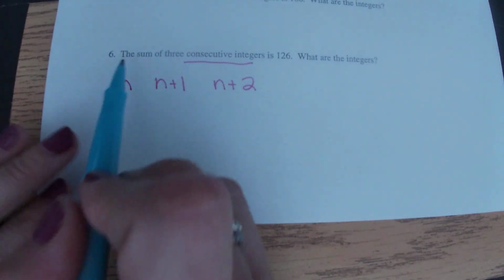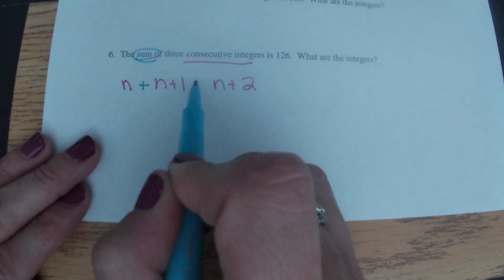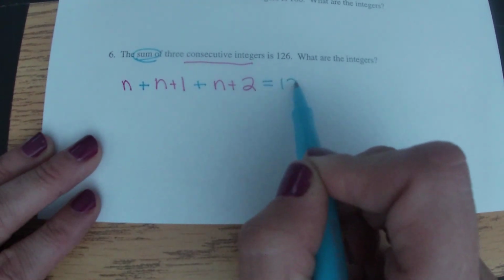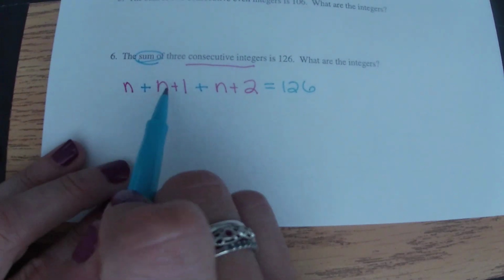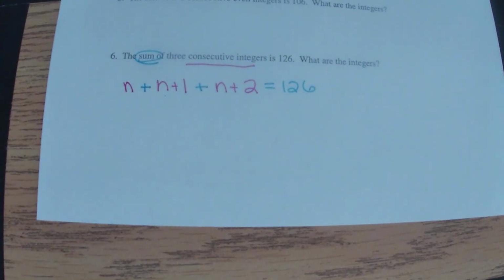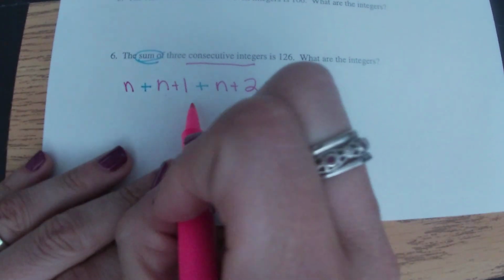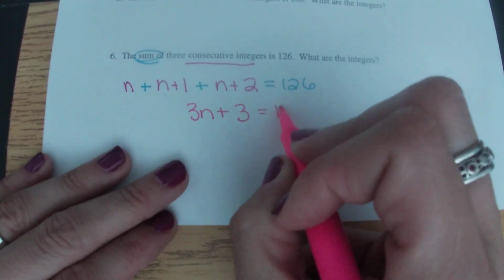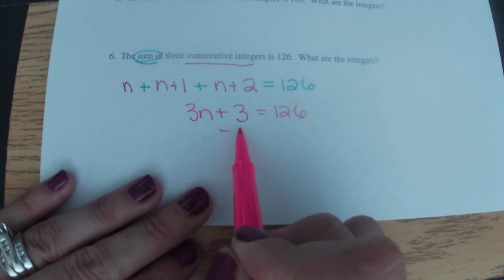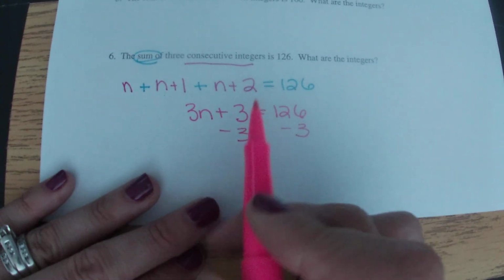It says the sum of them, so I'm going to add, equals 126. So we have 1, 2, 3 n's. If I put that together, I'll have 3n plus 1 plus 2, which is 3, equals 126. We'll solve.